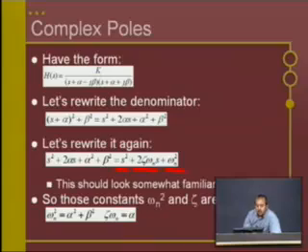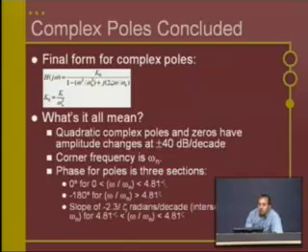It's got the same kind of form, because what we called the resonant frequency way back is the same kind of idea here with the complex poles.